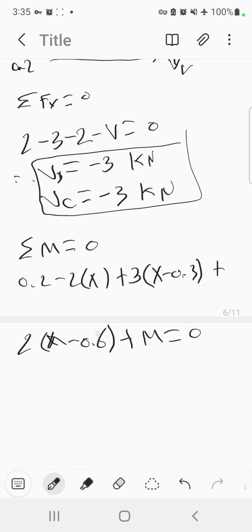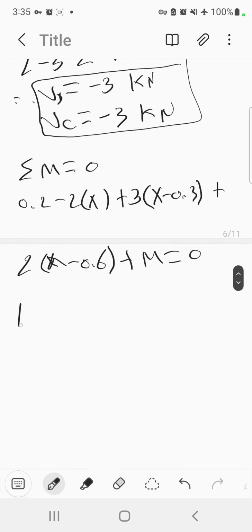So after multiplying all of these, we end up with m equal to minus 3x plus 1.9.